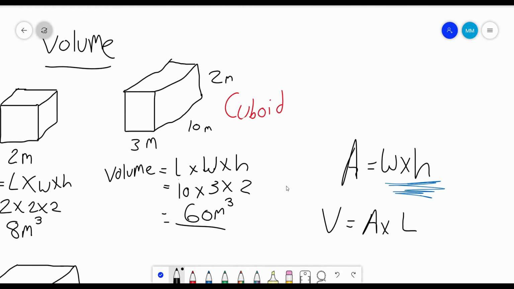So therefore, sorry, correction, we could destroy the width and the height and swap them for the letter A. So volume could be A times L, i.e. you could have area of this is 6, 2 times 3, times 10, which equals 60.